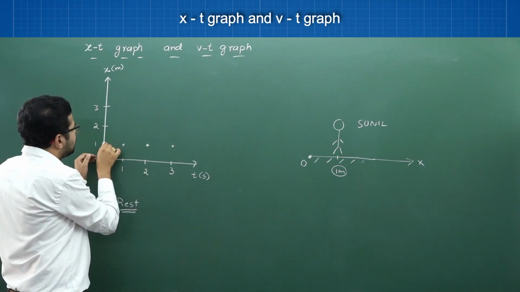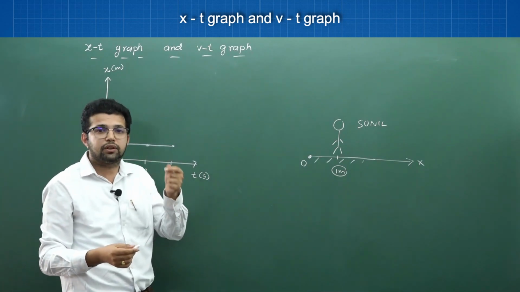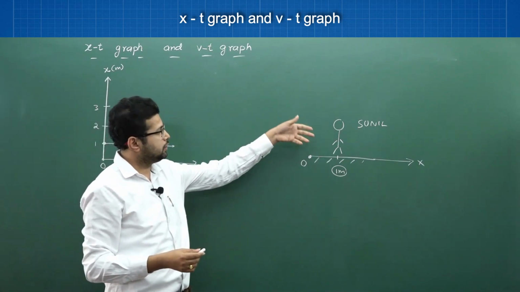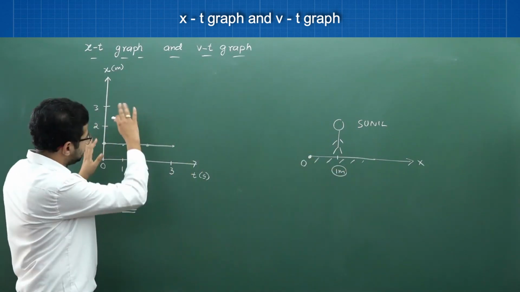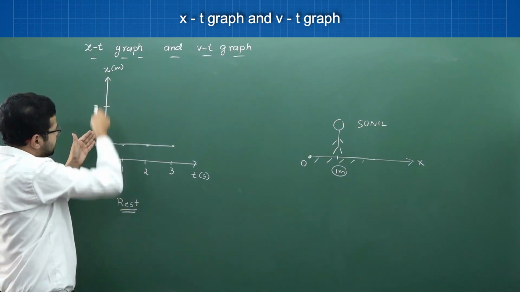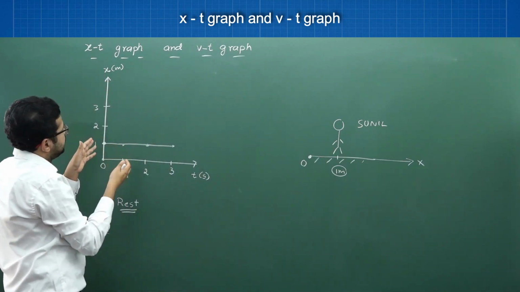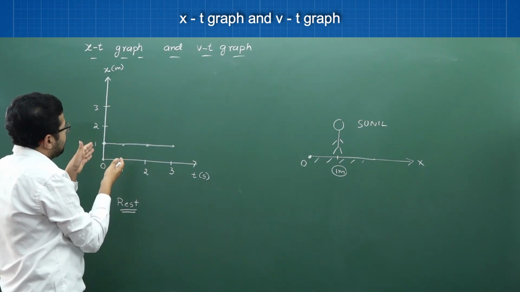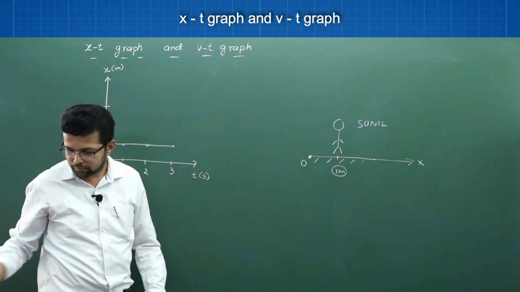So, if I join all these points, I get a position time graph for an object or a person who is at rest. See, position x is not changing, it is constant, so we can call it a position time graph for constant position or for an object which is at rest.